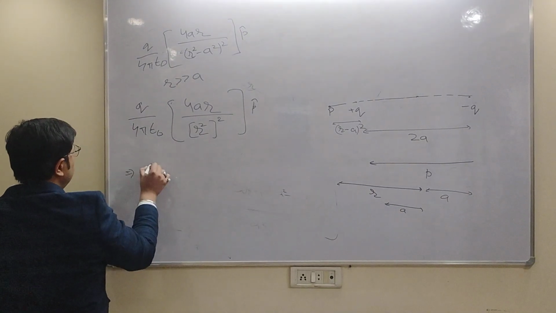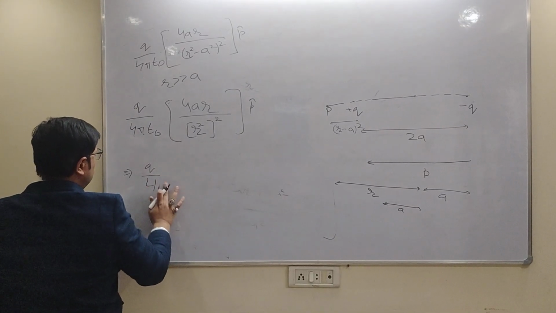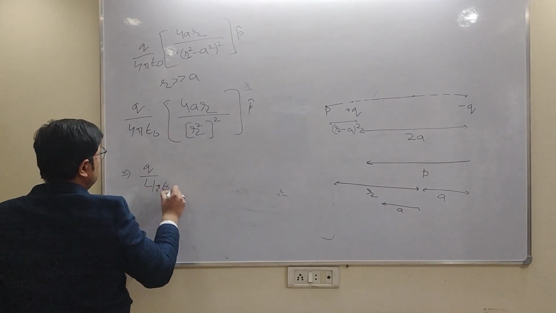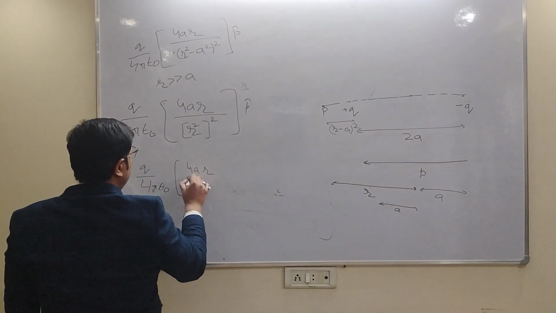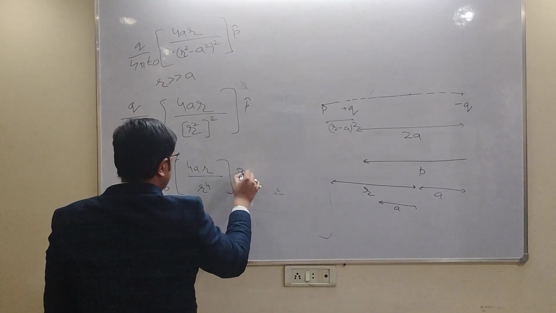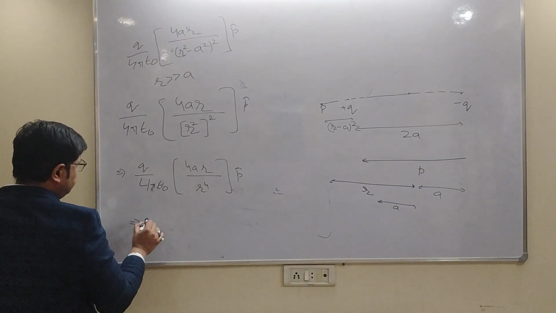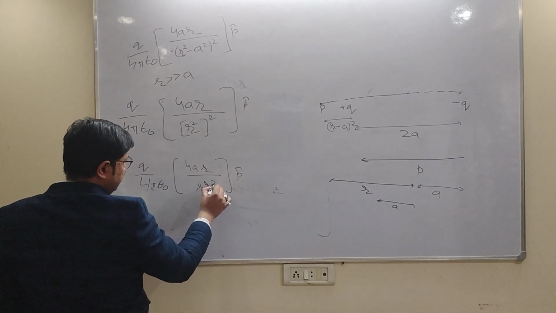So this implies q over 4 pi epsilon naught, 4ar over r power 4, p vector, which is equal to, this r gets cancelled, here comes power 3.